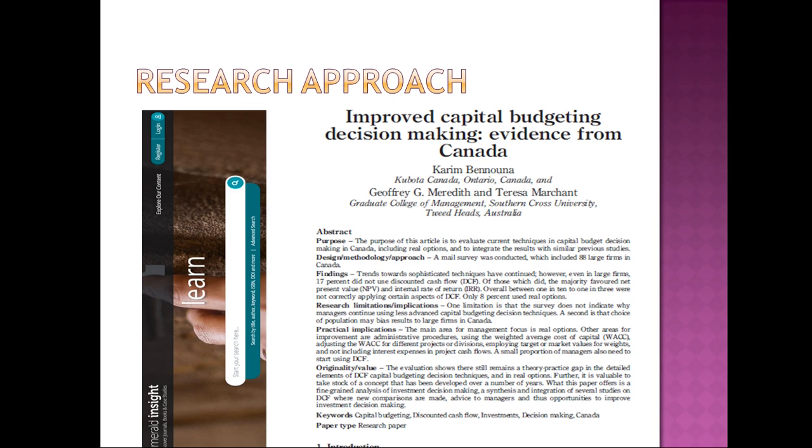There are a number of councils and societies which publish the list of journals. Australian Business Deans Council is one of the councils that publish the names of journals which rank. Let's see how to obtain the list of journals.